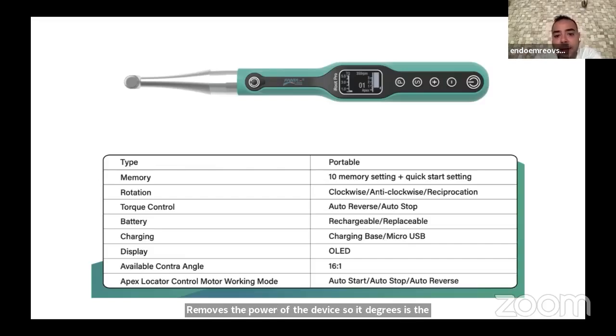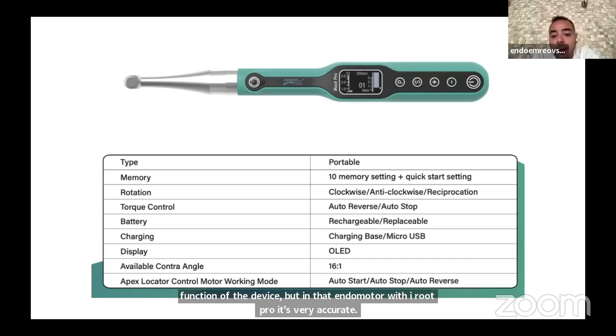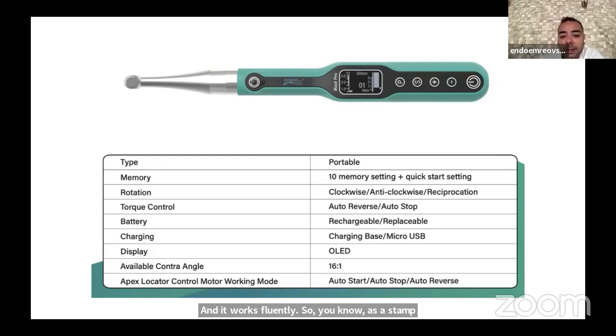But this endomotor with iRoot Pro is very accurate and works fluently. It has a charging stand. You put it in the charging stand, and you can use it after charging.